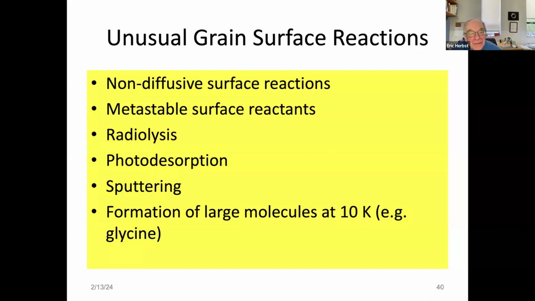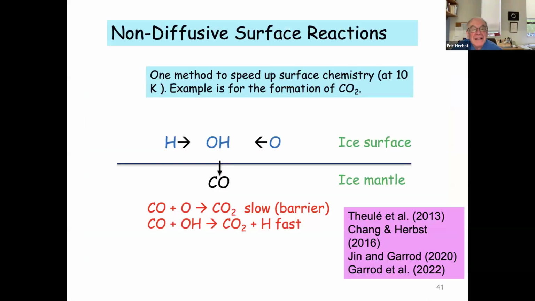There's photodesorption, that is, photons hit the surface and kick off something. Sputtering is a more fierce way of getting molecules off the surface and into the gas. And then there are unusual surface reactions that can form even larger molecules than glycine. So it's one way of forming them, one of many ways. I don't have enough time really to talk about some of these.